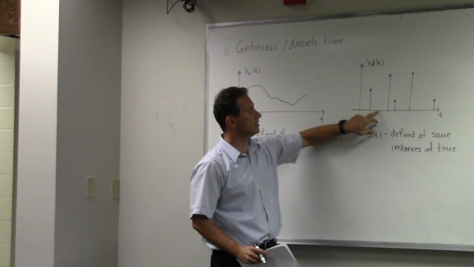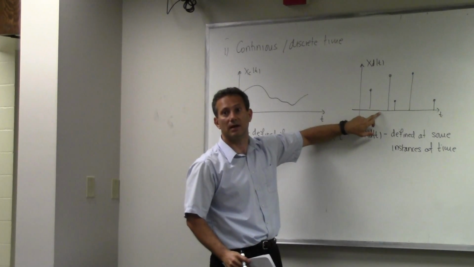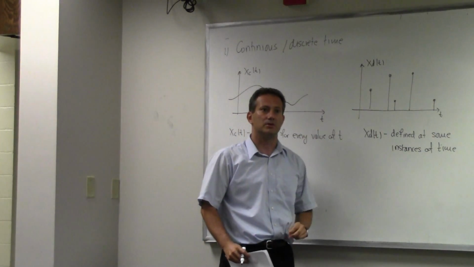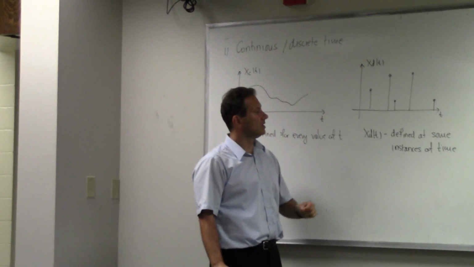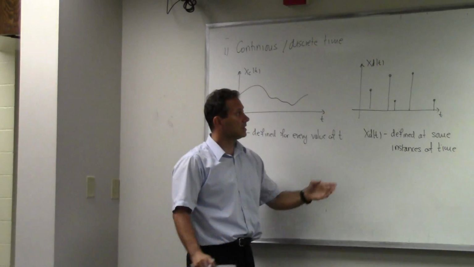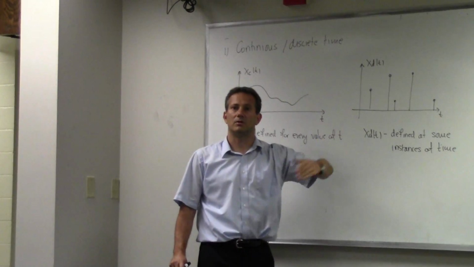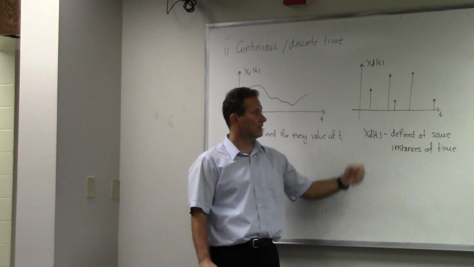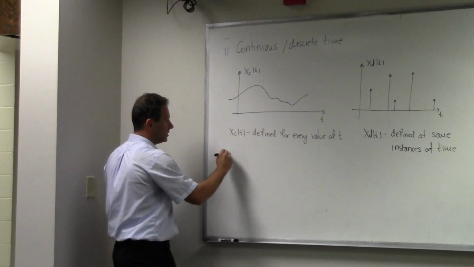Simply, if you ask me what the value of the signal at this point is, that question has no answer, it's not defined. I don't know what it is. The signal does not exist at this point. Signal only exists at discrete points in time. They can be equally spaced or not equally spaced, but what's important is that it only exists at discrete values of t. Some signals come naturally this way, right? If something occurs periodically or at some intervals, but it's undefined in the meantime, then we have this kind of signal.